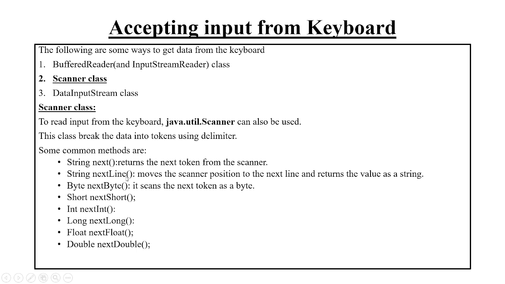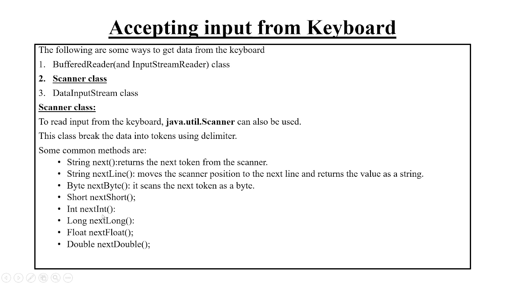String nextLine moves the scanner position to the next line and returns the value as a string. Byte nextByte reads the next token as a byte. Short nextShort scans the next token as a short and returns it as a short.